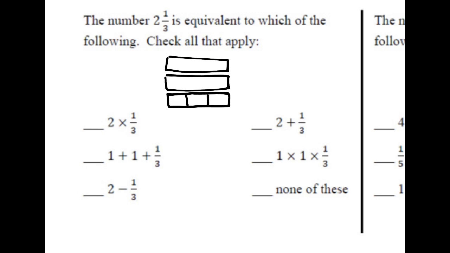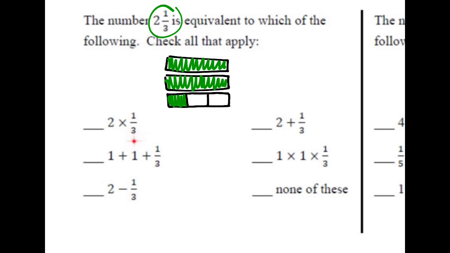Okay, so in this particular situation, we would have all of this one, so there's 1, all of this one, so there's 2, and then 1 out of 3 parts. So this is equal to the 2 and 1/3 they were talking about. Okay, so now is 2 times 1/3 equal to this?